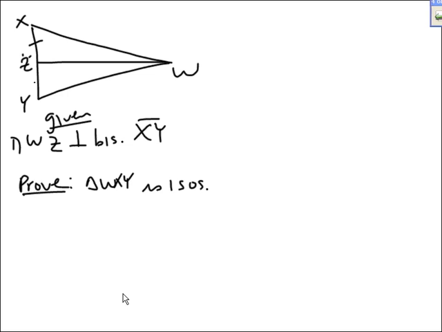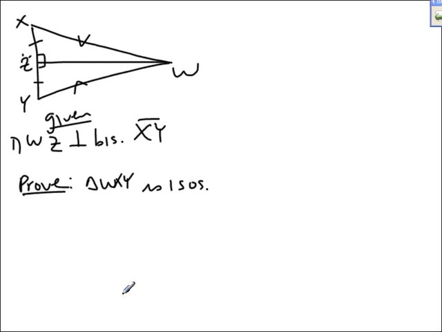That is, these two are equal, and it's a perpendicular bisector. Now, triangle WXY is the big one. Now, all you want to do is show that it's isosceles. Well, it's done. Those two are equal. Okay, that's exactly what theorem number 25 said.